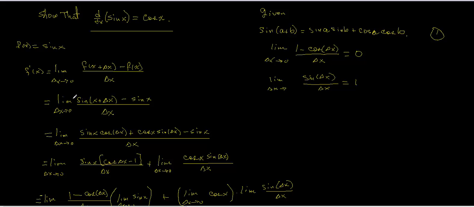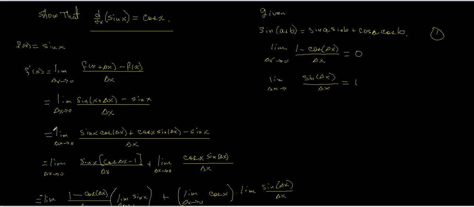So that gives us the limit as delta x goes to 0 of the sine of x plus delta x minus the sine of x, everything divided by delta x, where, as we remember, delta x is some small infinitesimal differential amount.